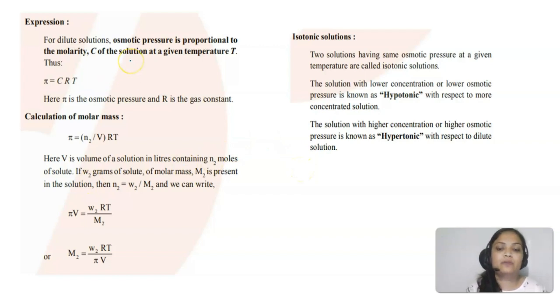It is directly proportional to the molarity. Now here we are talking about molarity, or you can say concentration. So it is pi equals CRT at a given temperature. R is the gas constant, C is the concentration, and T is the temperature. So you can say C means the molarity, it's number of moles of solute upon volume of solution, into RT.